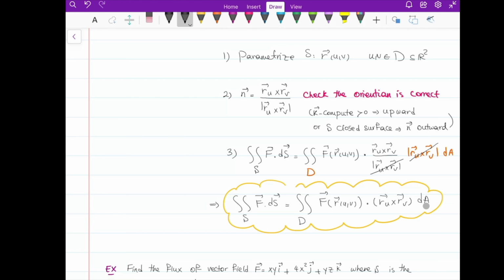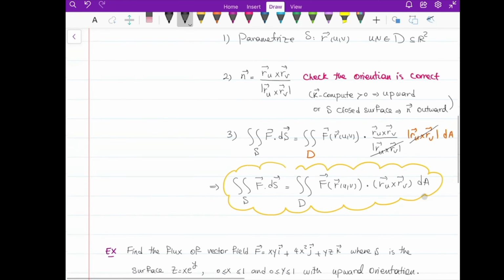At the end of the day, instead of doing that, I can use this formula and solve it.